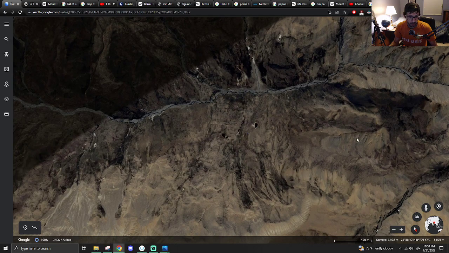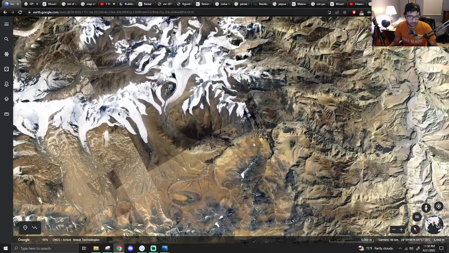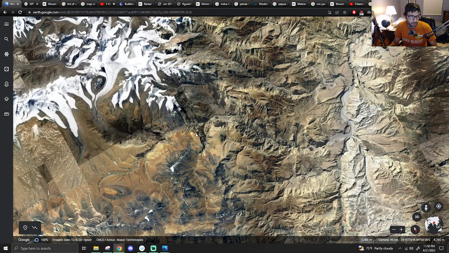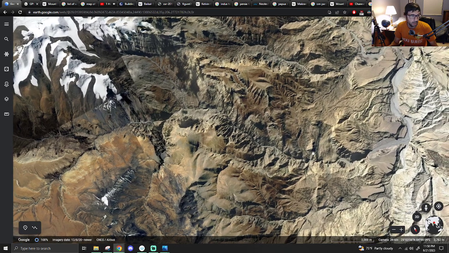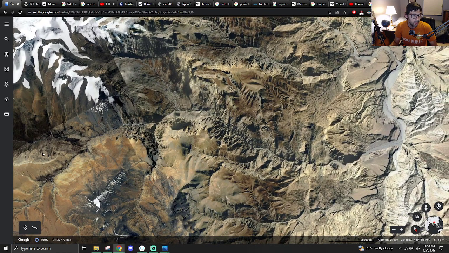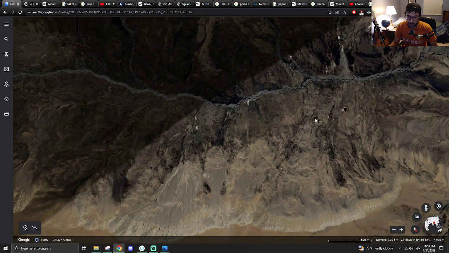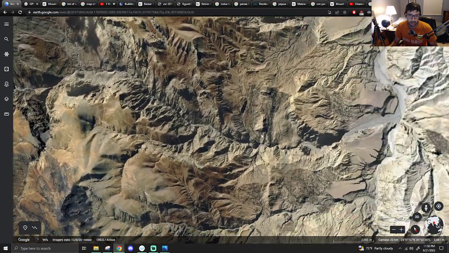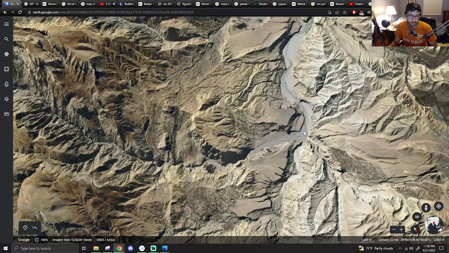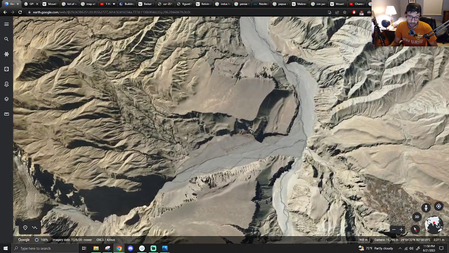Here's Damodar Kund, here's the ramp. Let's just look at their coordinates. This is 28, 29 north. I don't know if it's like that, but I'm just hoping 29 north.